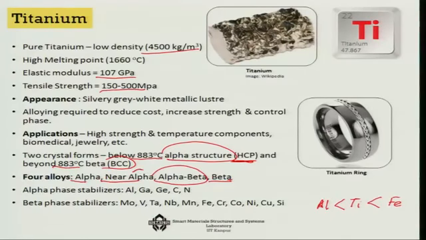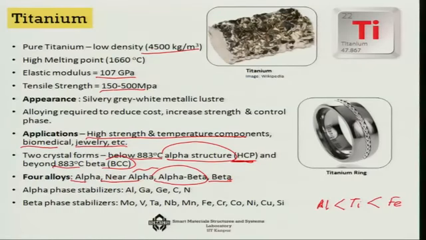These two are based on the presence of some amount of beta configuration in it. Because of this excellent light weight, high temperature capability and good strength, it has applications in high strength and high temperature components, biomedical applications, and also in jewelry, because it has a good luster, as I told you. In fact, there are many aircraft applications where this is used.